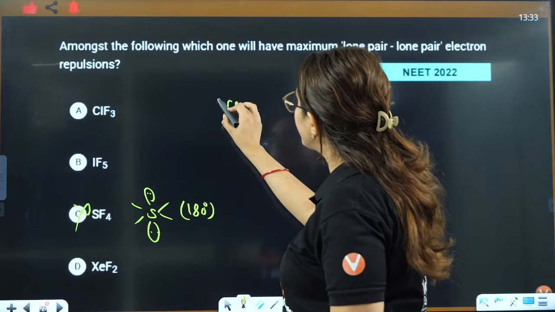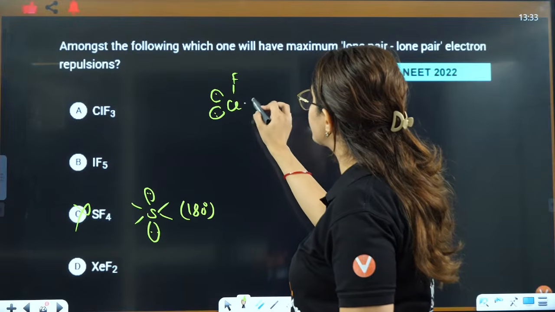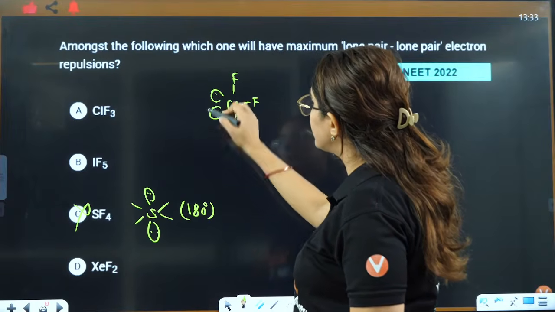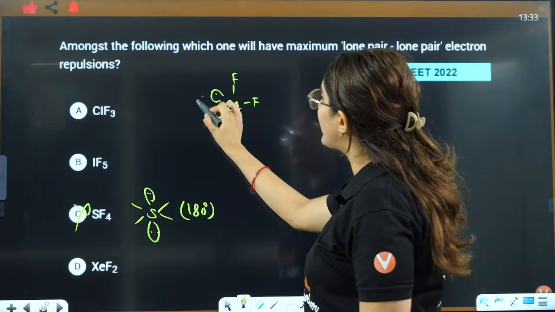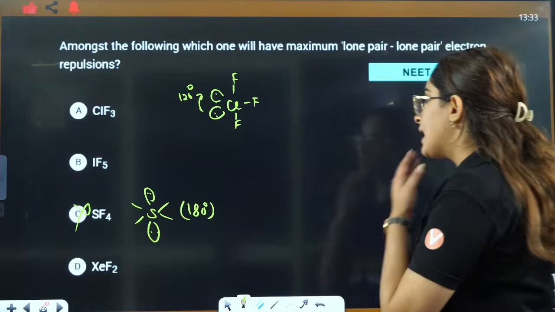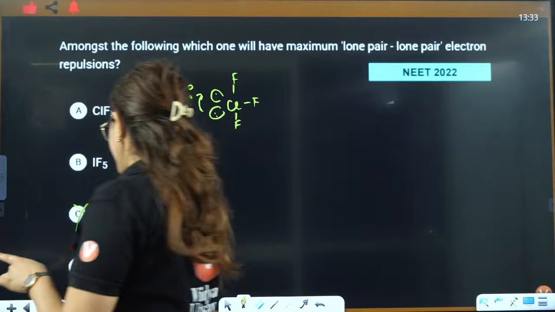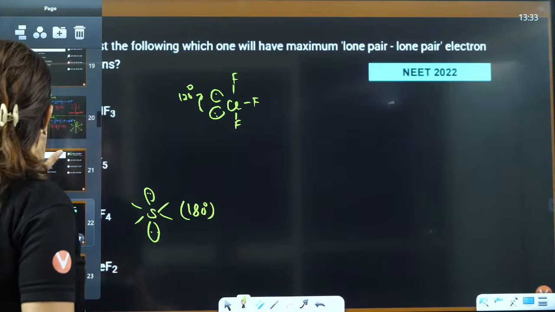In ClF3, we have solved it, two lone pairs were there and the lone pair repulsion was at a 120-degree angle. XeF2, I think we have just done it.